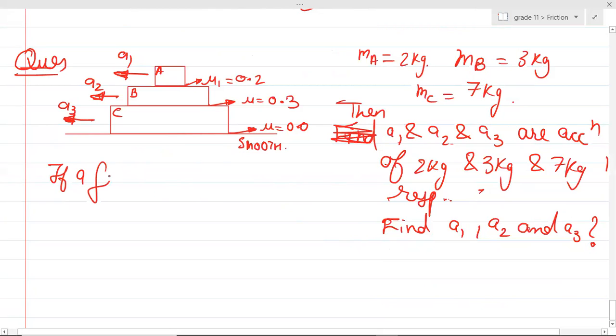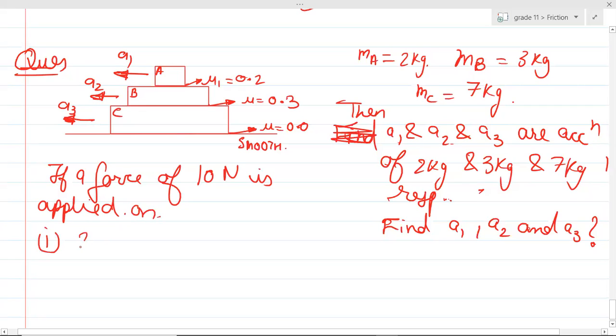Okay, sir. A force of 10 Newton is applied on... So basically this question has how many cases? 3 different cases.